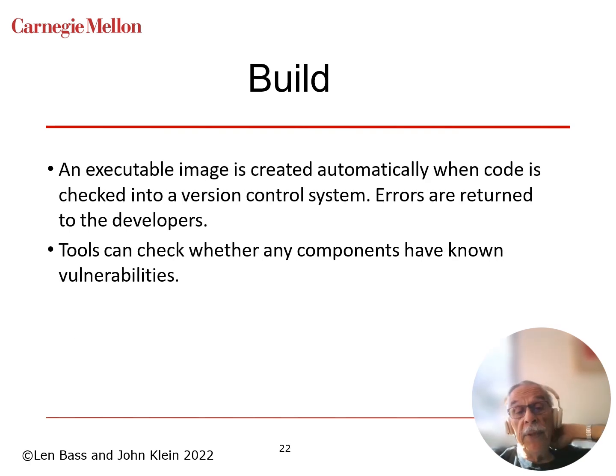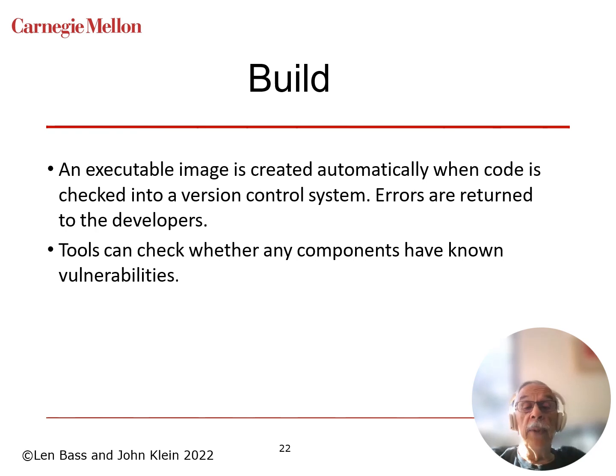So at build, you create an executable image once the code has been checked into the version control system. If you can't create the executable image for one reason or another, then it goes back to the developers. So maybe the interfaces are wrong. Maybe you mislabeled a particular method that you want to call.